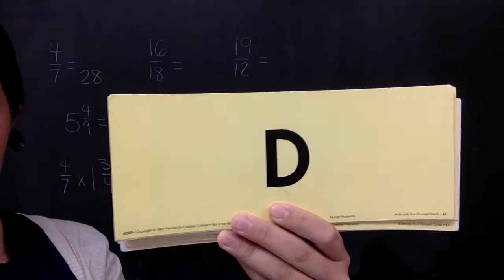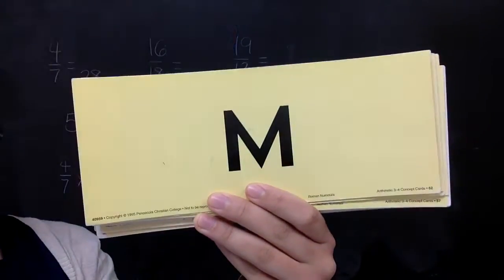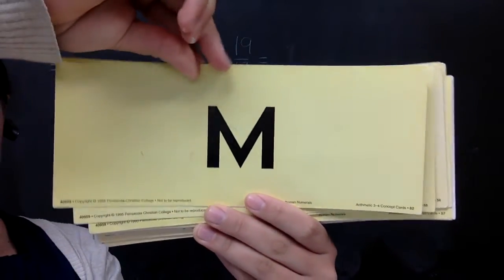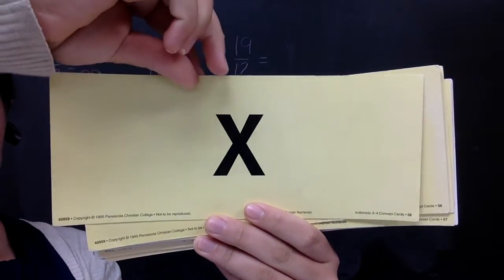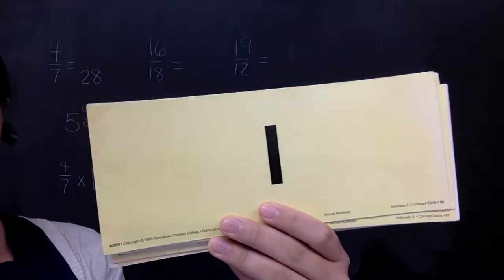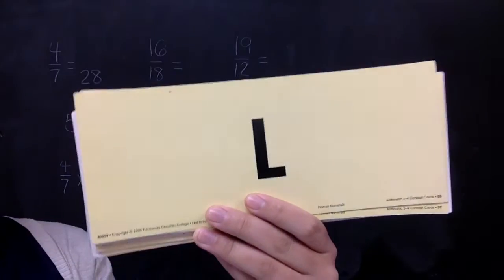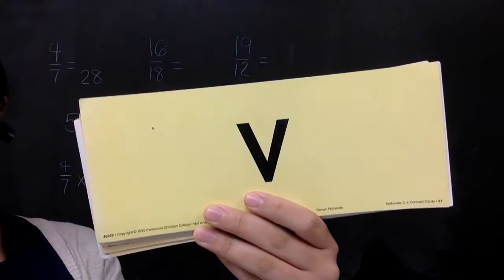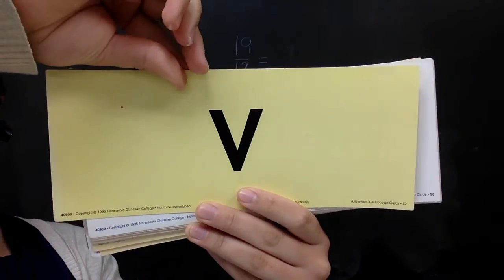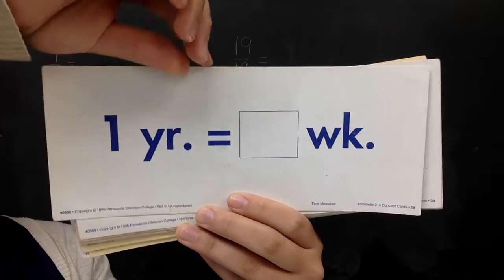What number? 100. D. 500. 1000. 10. 1. 50. 5.